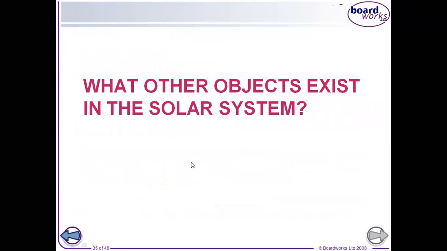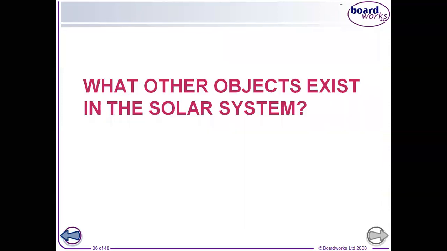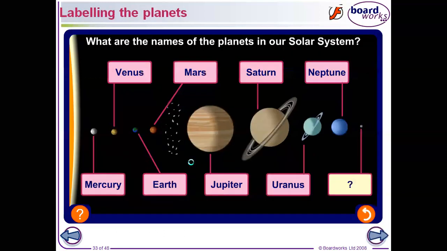What other objects exist in our solar system? We have different objects that exist in our solar system. We have satellites, the man-made objects, space stations. We have asteroids. Asteroids are actually large pieces of rock that orbit around the sun. If I take you back, you're going to see a region where we have a lot of them.